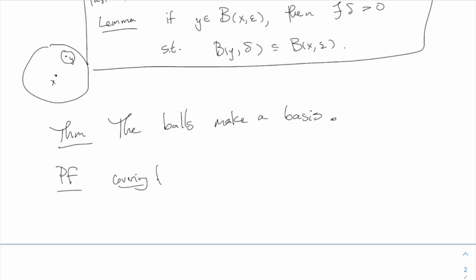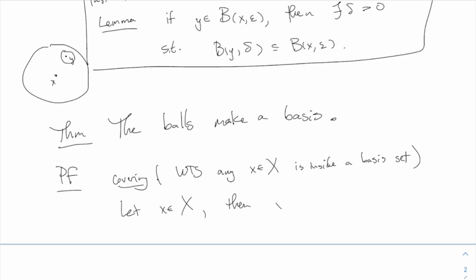I will say we want to show that any x in the space is inside a basis set. So we say something like, let x be a point in my space X, then x is in, can you say what ball x is in?